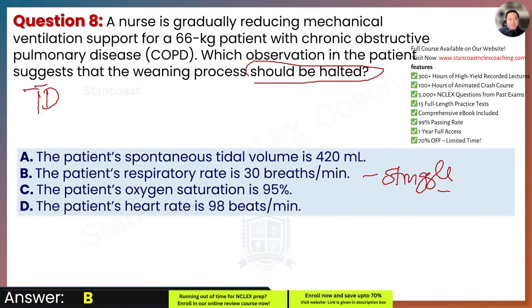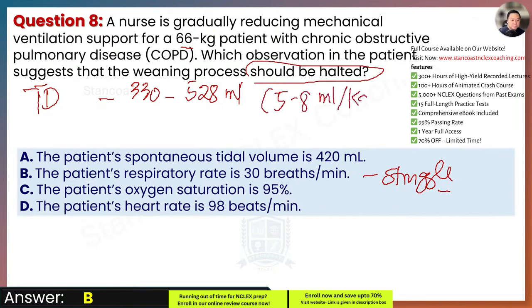And for this patient that is 66 kilograms, the target range is usually around 330 to 528 mLs, based on the standard of 5 to 8 mLs per kilogram. So that would be our reference.